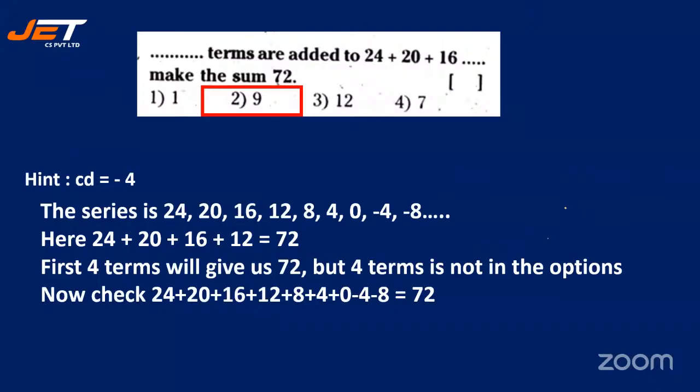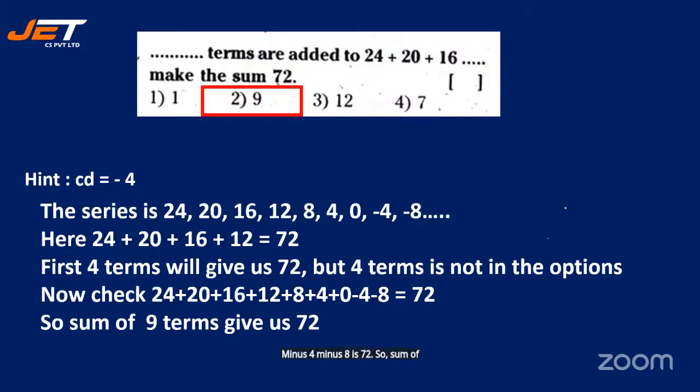So now check 24 plus 20 plus 16 plus 12 plus 8 plus 4 plus 0 minus 4 minus 8 is 72. So sum of 9 terms gives us 72. Okay, so that is how they have taken 9 here.